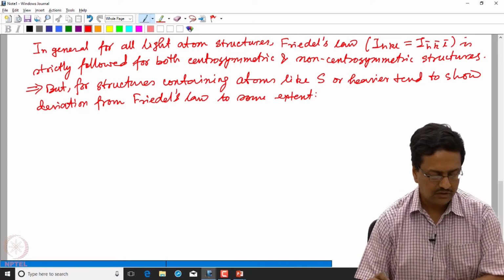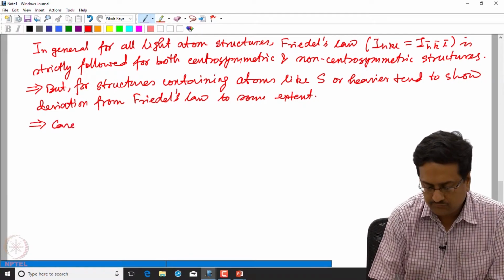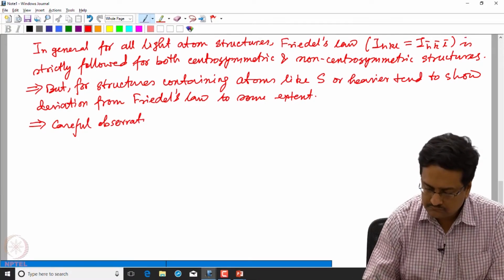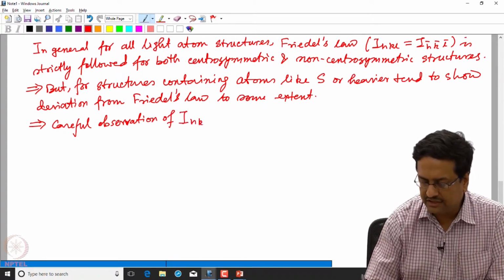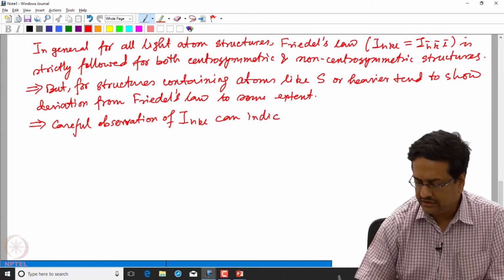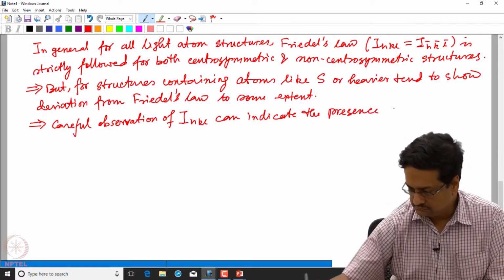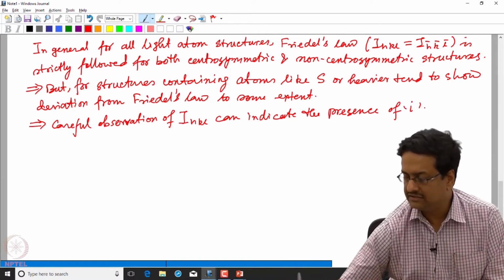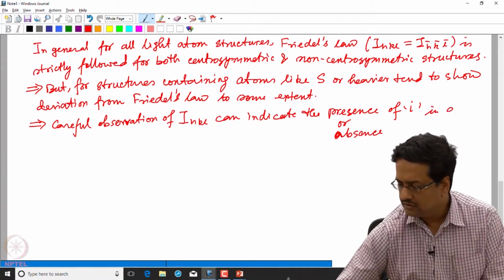So what we need is a careful observation of the intensities I H K L, which can indicate the presence, or rather presence or absence, of I in a structure.